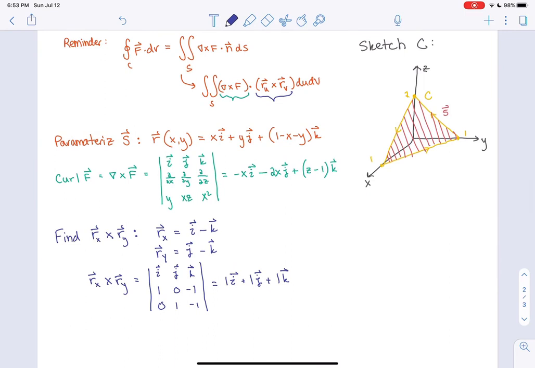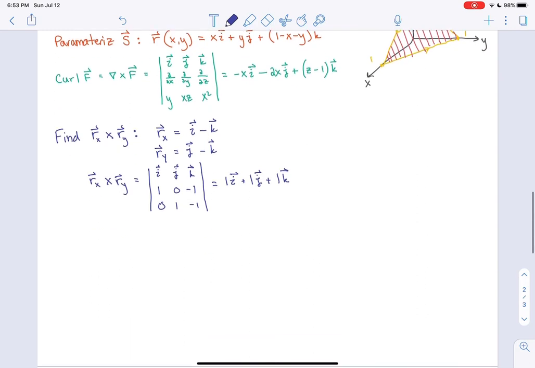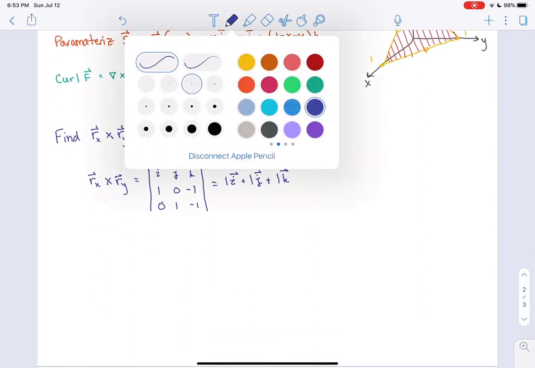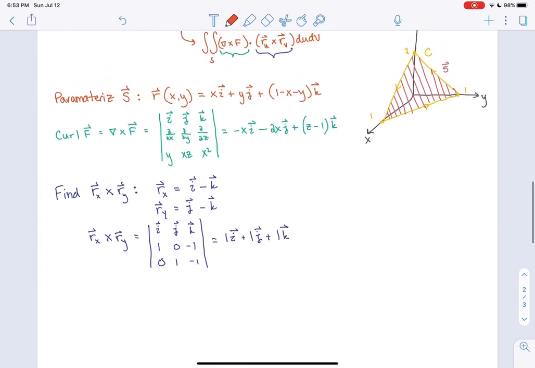And if we want to, now we can dot them together. So we're going to do now the dot product of this curl and of this vector. And so because this second vector is just 1, 1, 1, when you dot them together, you're really just summing the coefficients of this vector right here.